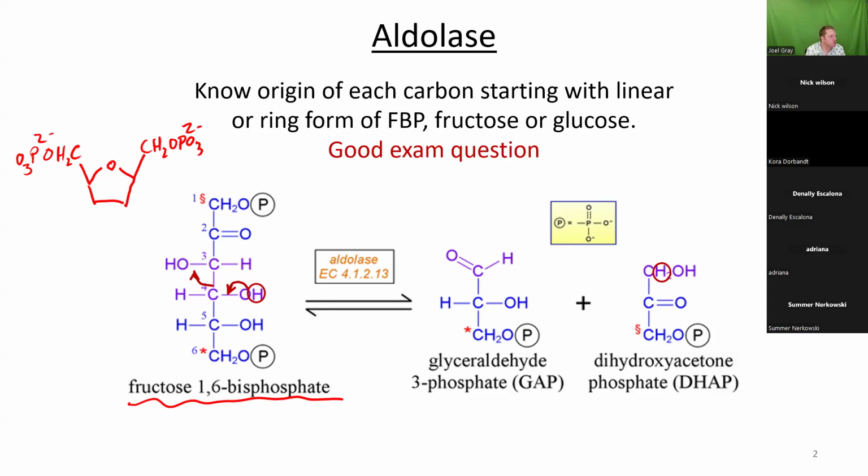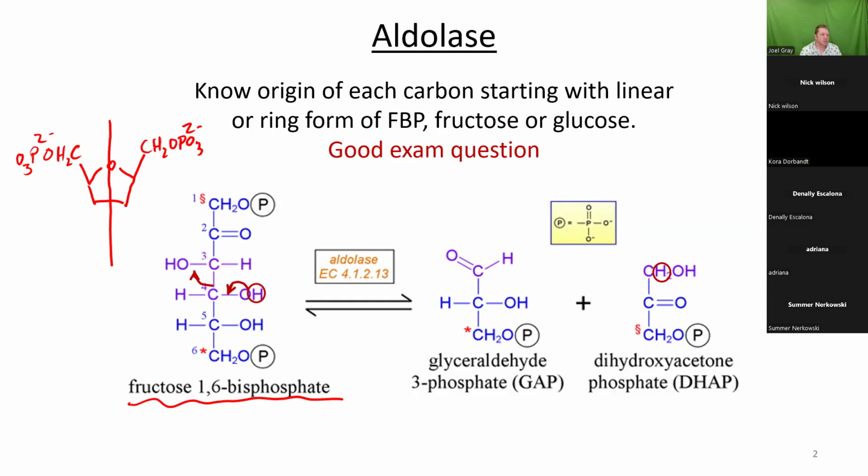What this enzyme is going to do is basically split it right down the middle. By splitting it right down the middle, we're going to generate two products. One of them is glyceraldehyde 3-phosphate, and one of them is dihydroxyacetone phosphate.